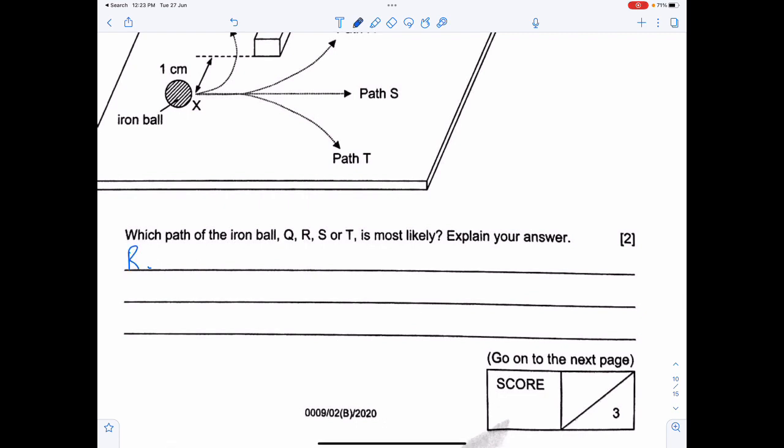And then what is the answer? Very straightforward. You just need to tell me that iron is a magnetic material.